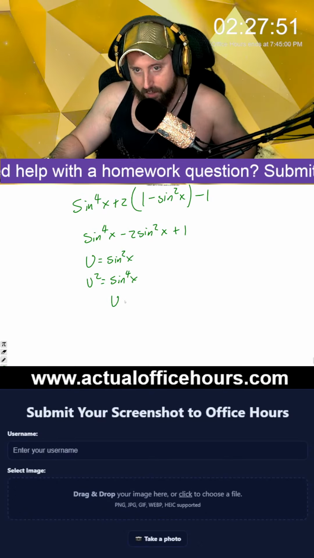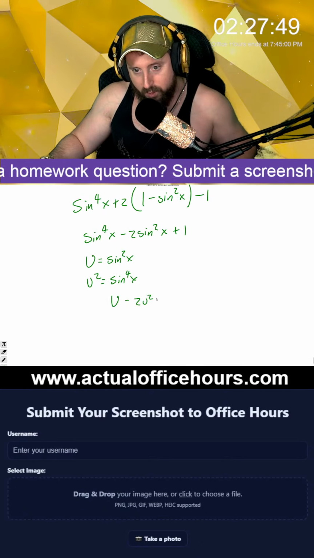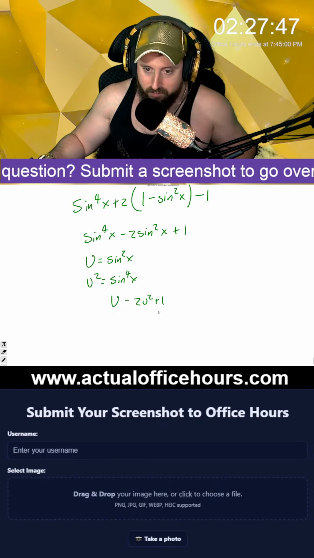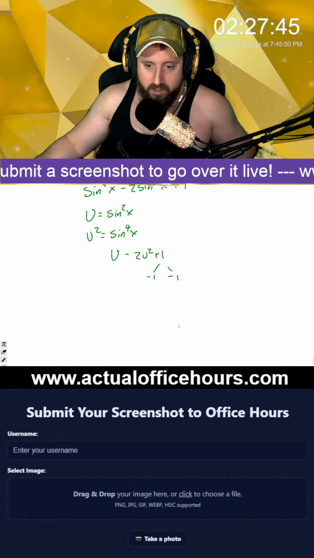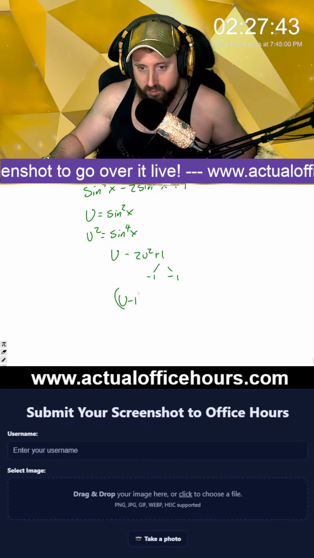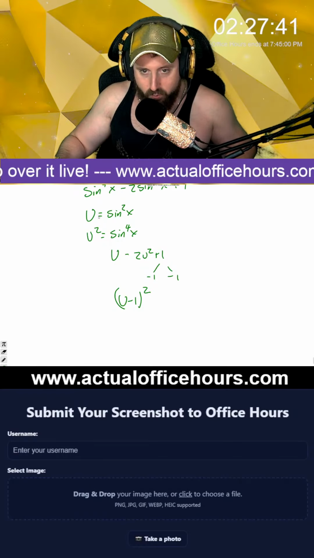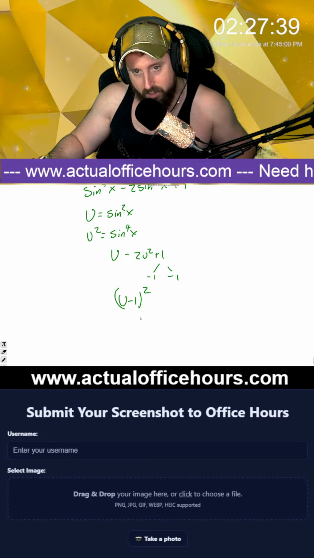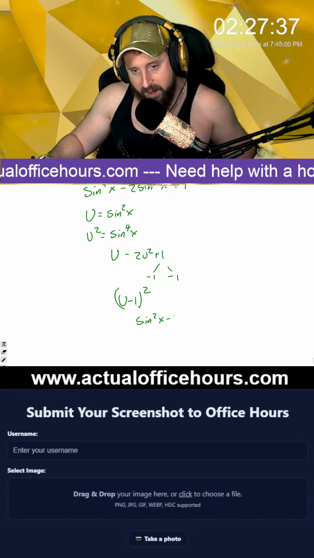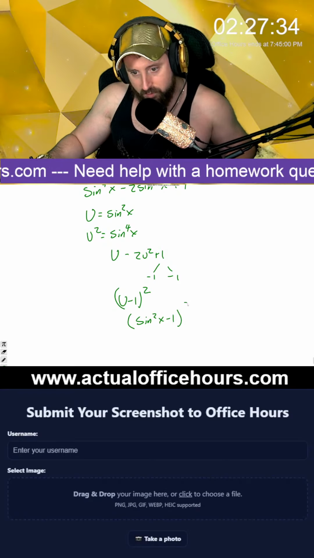And then you're left with u squared minus 2u plus 1. This is easy, right? This is minus 1 minus 1. So you get u minus 1 squared. But u is sine squared x. Oh, this is very cool. So you get sine squared x minus 1 squared.